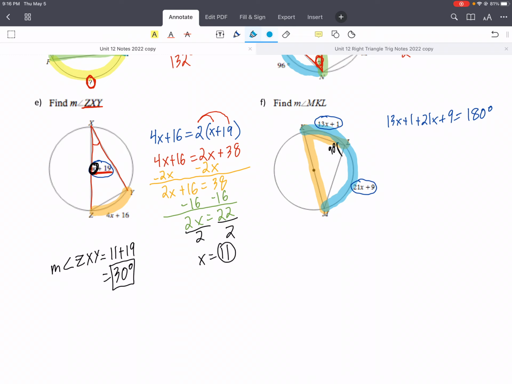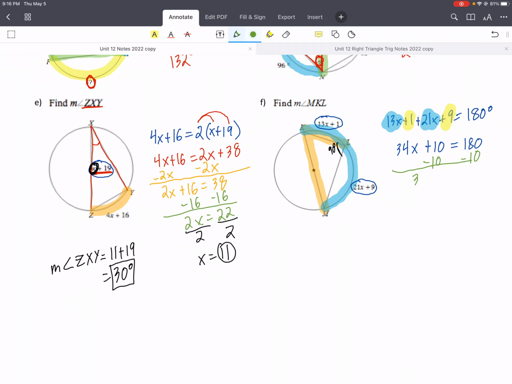And now we combine like terms. So we got 13x and 21x, that gives us 34x. We got 1 and 9, which gives us 10. And that's still equal to 180. Now we got to move the 10, so we subtract the 10.